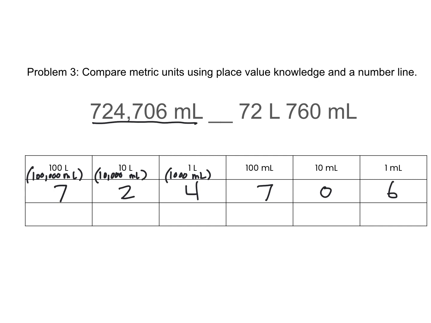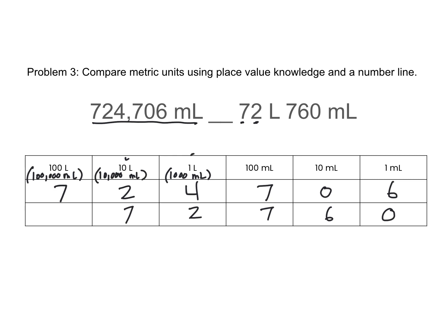Now we're going to compare that to 72 liters, 760 milliliters. So this is in a different format, right? So we've got in our tens of liters, which is right here, we're going to put our 7. And we have 2 in our ones right here. So we'll put our 2 here. And then we'll put our 760 here.